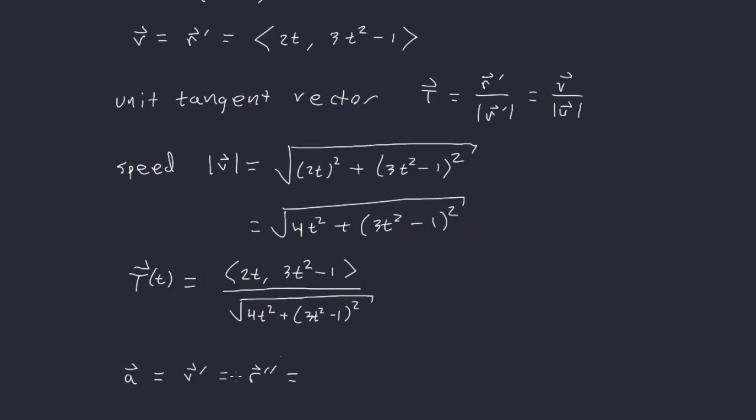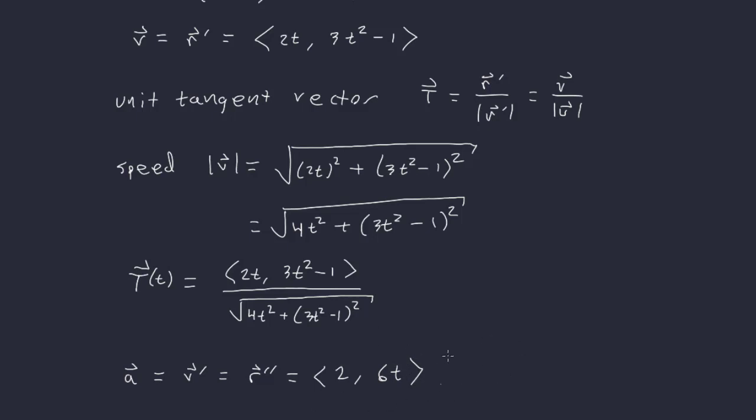So often I drop that just to make everything more readable. Okay, so now the acceleration vector, we just differentiate again to get 2, comma, 6t.